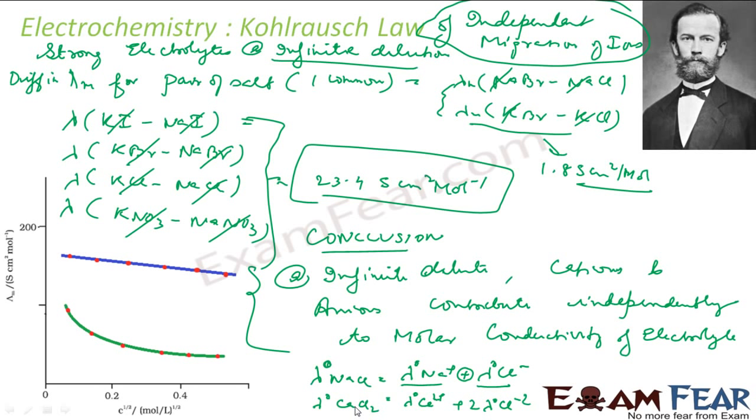So there is a general rule actually. Let me write that general rule. If I have an electrolyte that on dissociation gives X cations and Y anions, let's suppose, the limiting molar conductivity of the whole solution will be nothing but X into lambda of cation plus Y into molar conductivity of anion.